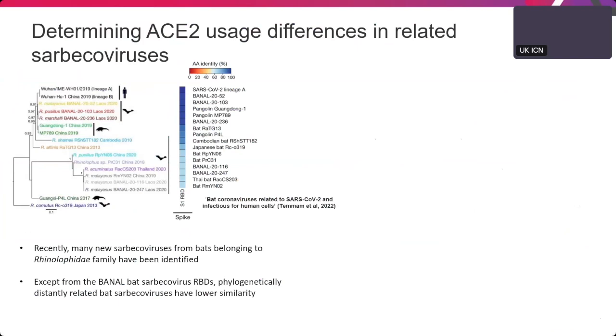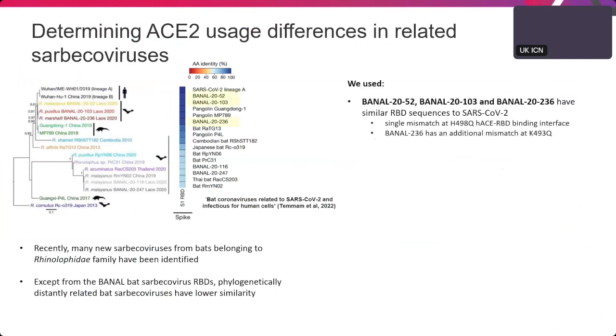If you look at the heat map, this illustrates the amino acid identity of sarbecoviruses compared to SARS-CoV-2 wild type. As you can see and expect, phylogenetically more distantly related sarbecoviruses have lower similarities to SARS-CoV-2 wild type. Based on this information, we particularly chose bat sarbecoviruses that have high, medium, and low similarities with the wild type. Those are these three.